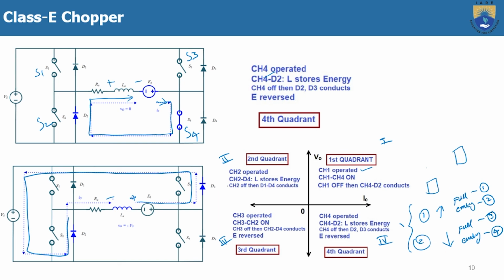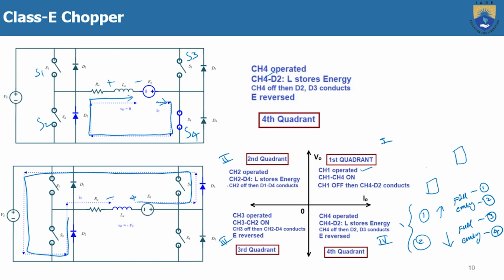This we will understand clearly when we are going to discuss the chopper fed DC motor, like what is motoring operation and braking operation. Again in the motoring, forward motoring and reverse motoring, and again in the braking, forward braking and reverse braking.